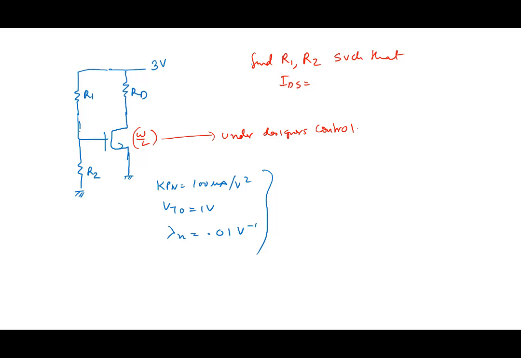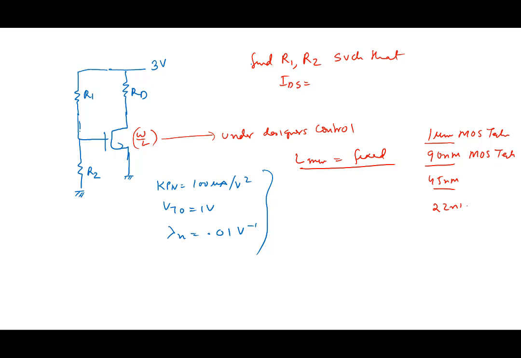Actually, what happens is when you choose a particular technology, L is fixed; L minimum is fixed. People talk about a 1 micron MOS technology, or you will hear 90 nanometer, 45 nanometer, 22 nanometer MOS technology.